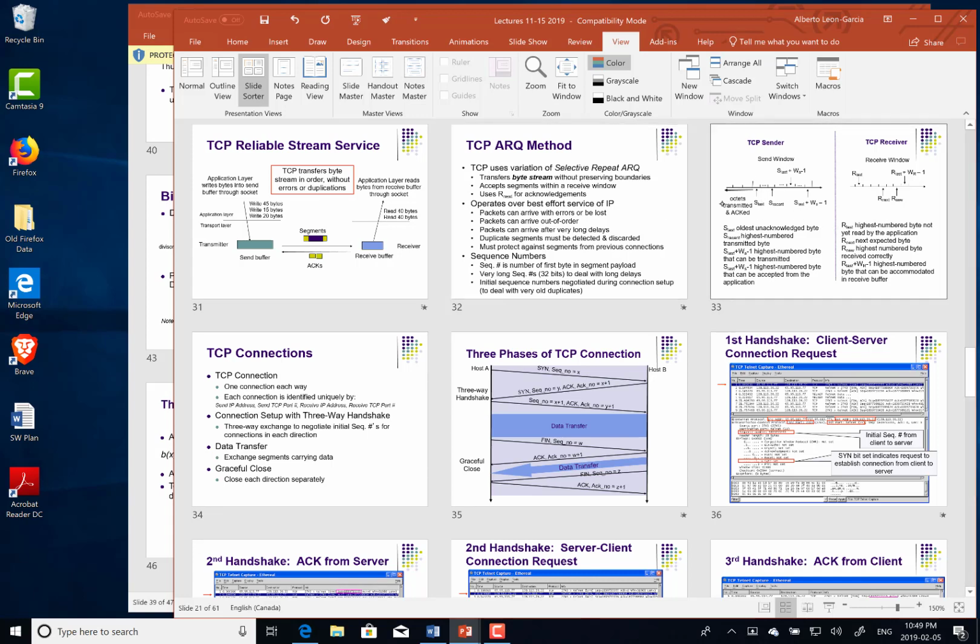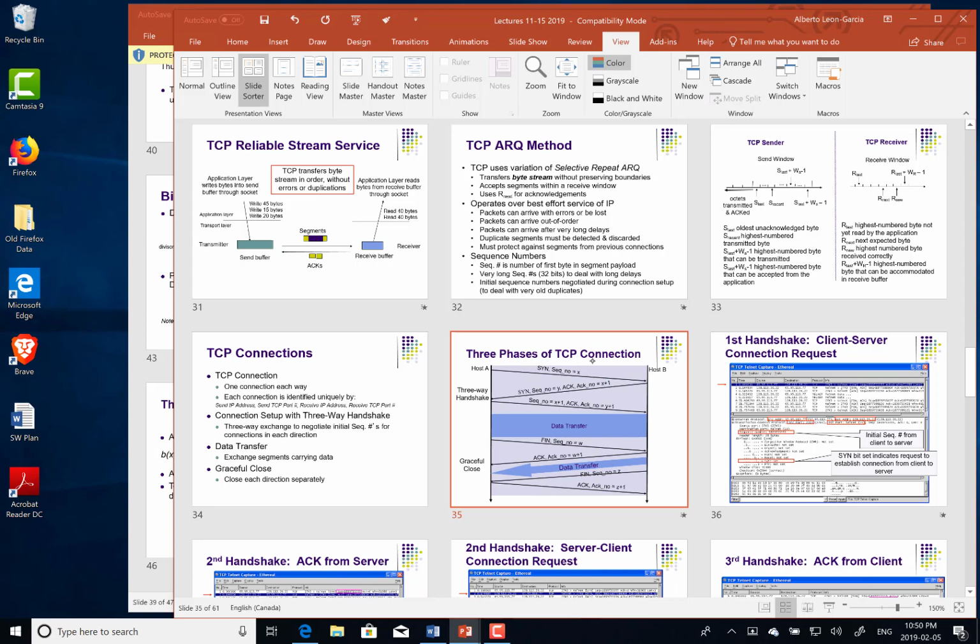When the TCP connection is set up, the initial sequence number has to be established. It doesn't start at 0 every time. It starts at a given initial sequence number that's calculated by each of the transmitter at the sender and the transmitter at the receiver in TCP. Here we have the three-way handshake, and we also show how the sequence number is selected.